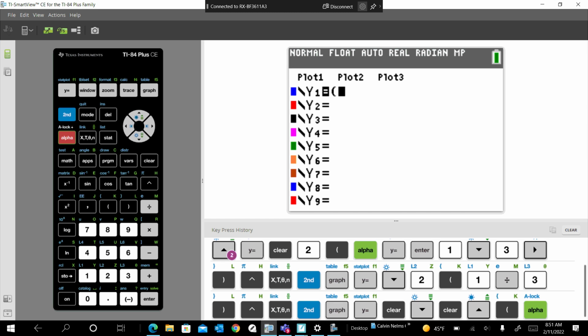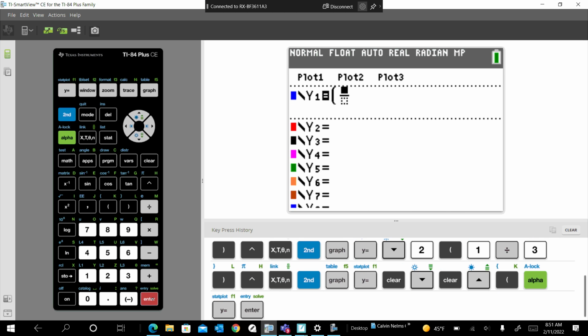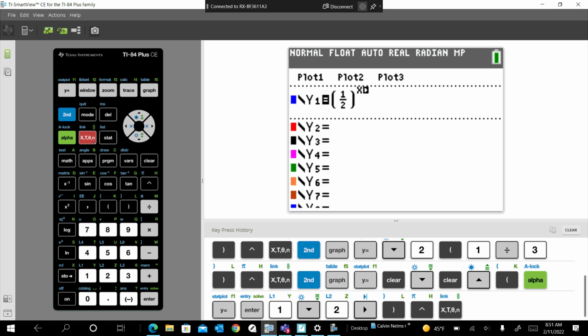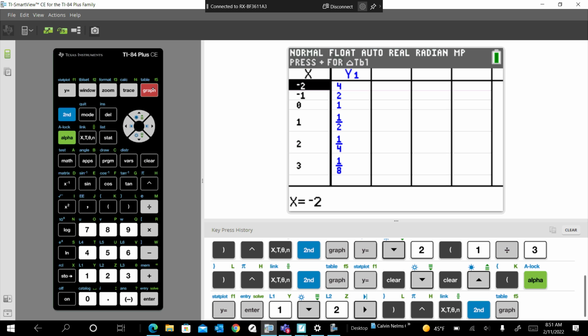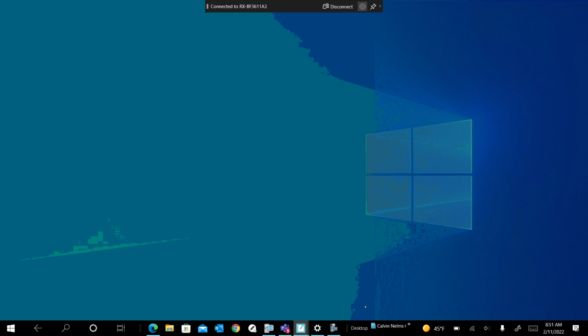You can use your fraction box if you want to, or you can just say 1 divided by 2. Either way, just make sure you're using parentheses and you're raising it to a power x. And then you're going to fill in your table based on those values, graph the table, and then answer questions, okay?